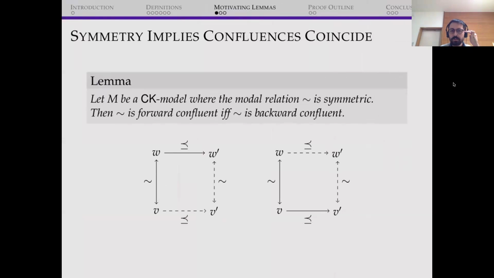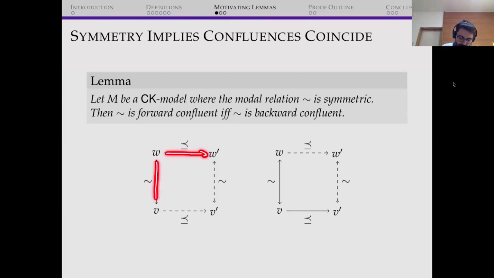So the first thing is that on IK models, we have these two types, forward and backward confluence. And if we add symmetry to a CK model, then we get that the relation is forward confluent if and only if it is backward confluent. So with symmetry, these confluences coincide. Essentially, we had this pictorial proof.